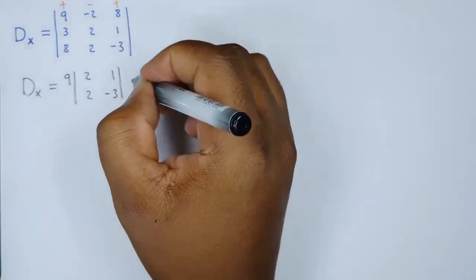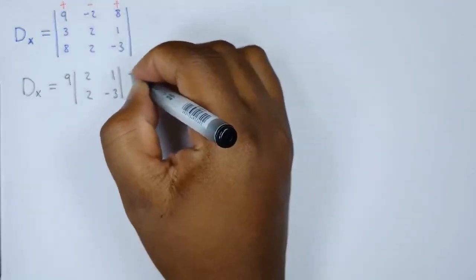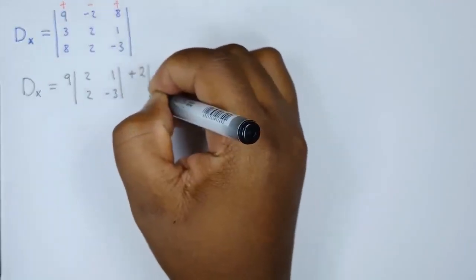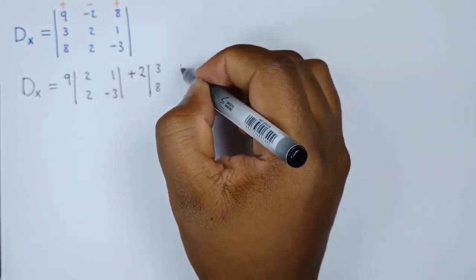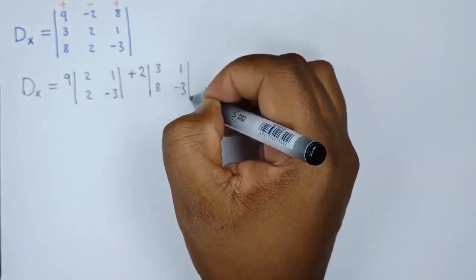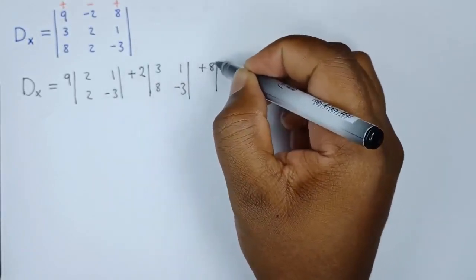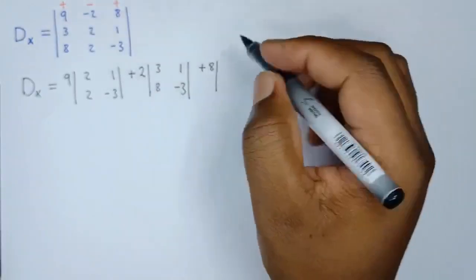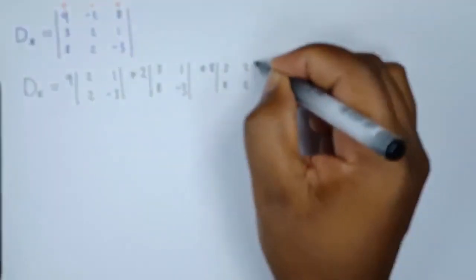Then minus, so again there's a negative there, hence it will become a positive. The 2 by 2 formed this time around will be 3, 8, 1, and negative 3, like that. And lastly we have 8. So 8, the 2 by 2 formed will be 3, 8, 2, and 2.